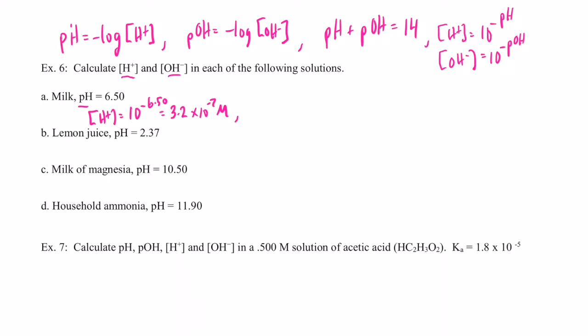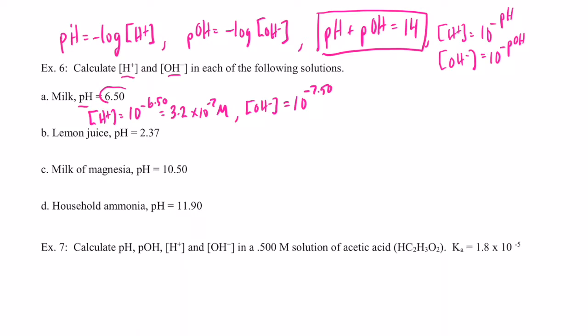Now for the hydroxide concentration, we can do that a couple of different ways. We can take Kw and divide it by the hydrogen ion concentration to get the hydroxide ion concentration, but I prefer to do it this way. I'm going to go 10 to the negative 7.50. Now you might say, where did you get 7.50 from? Well, remember, the sum of pH and pOH is 14.